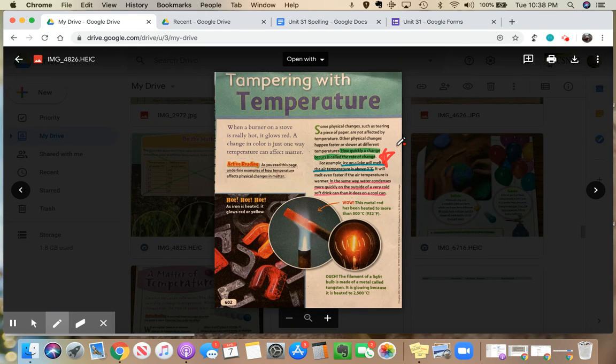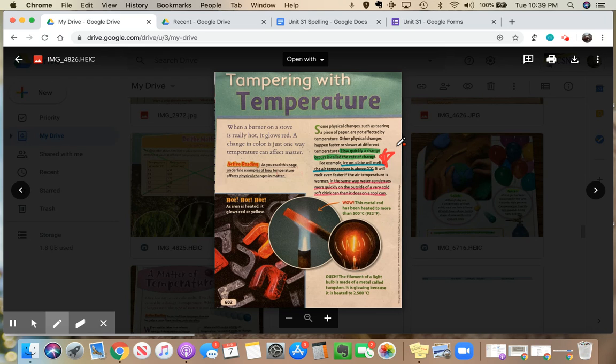So let's backtrack here really quick. When metal or iron is heated up to a glowing red or yellow color, this means it is in a state that it can physically be bent or flexible and made into different shapes. Let's go on to not the second, but the third example.